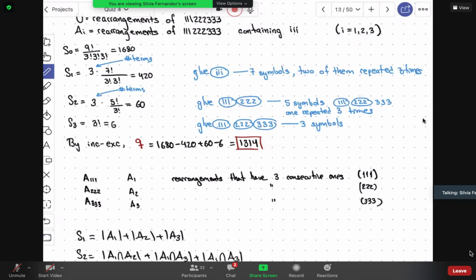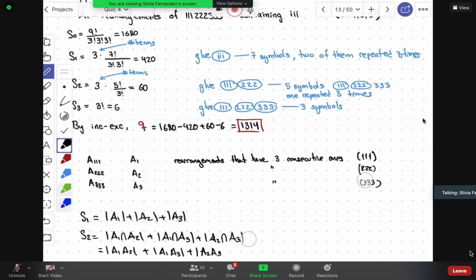So in the book, they would just write A1 A2, A1 A3, A2 A3. Okay, so this is what you need to find.